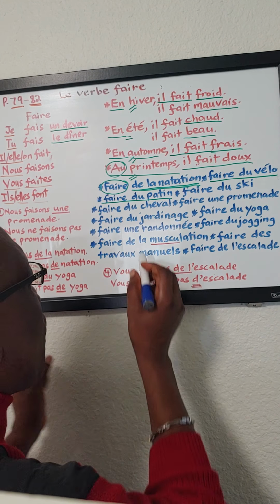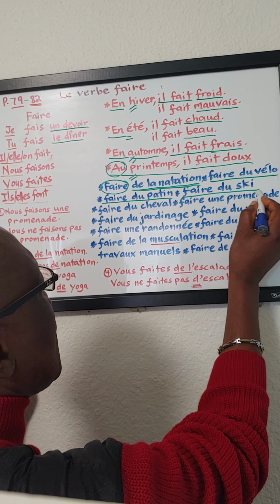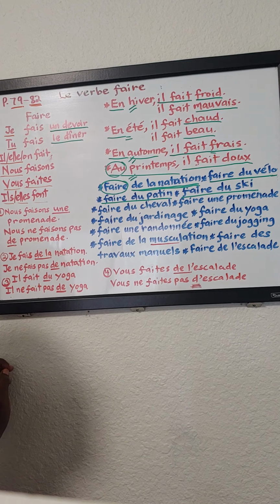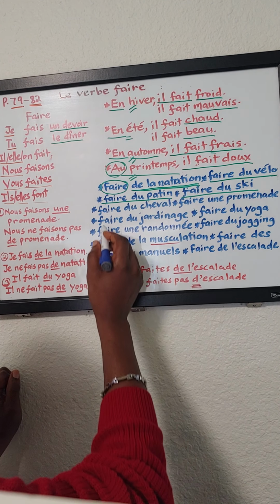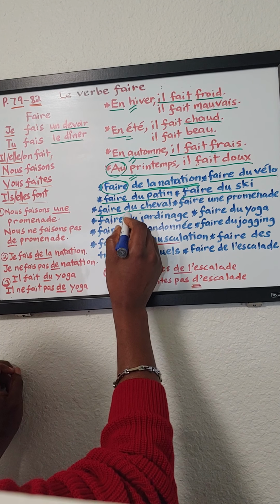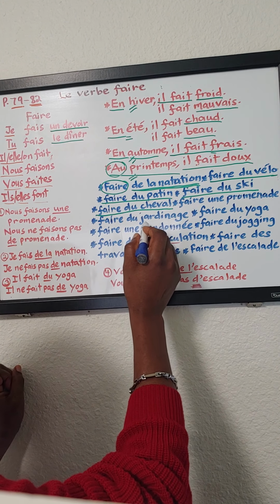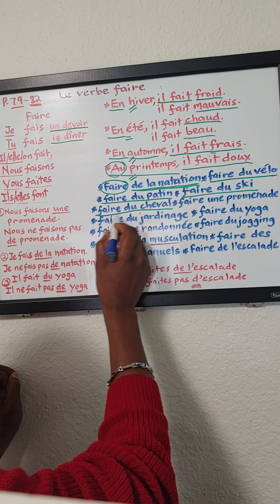Okay. Faire du patin. Faire du ski. To go skiing or simply to ski. Faire du cheval. To go horseback riding, to ride horses.